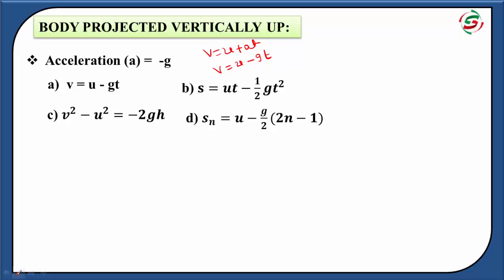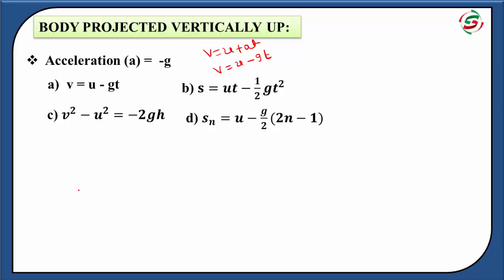Why do we take the concept this way? When the body moves vertically upwards, the force acting on the body is downward, but the displacement of the body is upward. Force and displacement are in opposite directions, right? But when it comes back downward, both are in the same direction. That's why we use a equal to plus g. Vertically up, a equal to minus g. The body moves against the gravity.